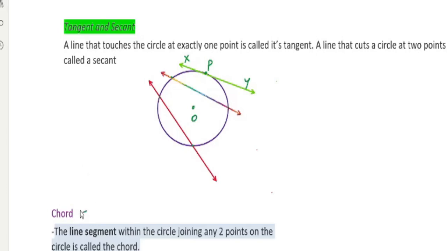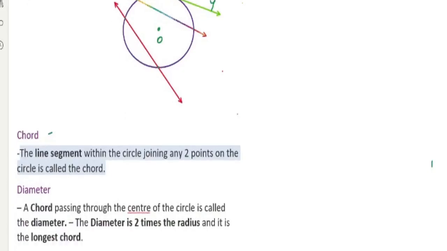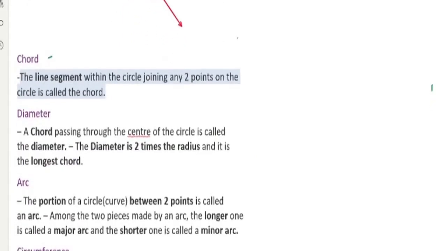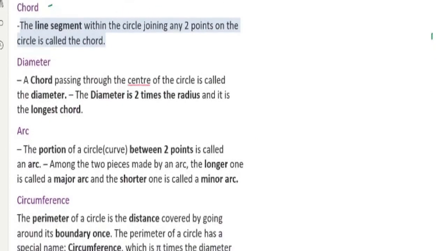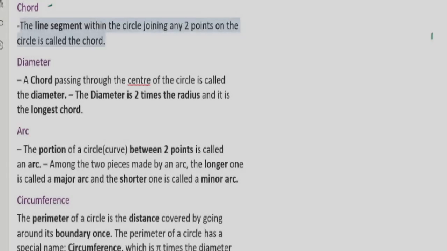Another one is the chord of the circle. In a circle, the line segment within the circle joining any 2 points on the circle is called the chord.